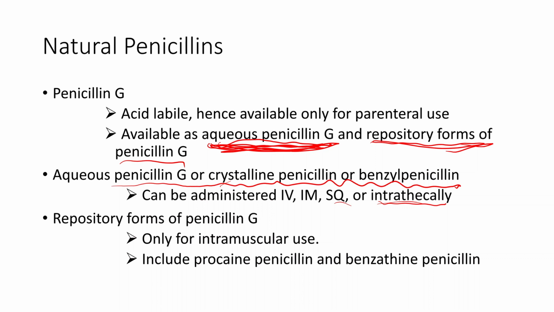The repository forms of penicillin G include benzathine penicillin and procaine penicillin. Procaine penicillin, that is procaine plus penicillin, has a longer half-life. Benzathine penicillin has a very long half-life. But remember, only intramuscular. You never give them intravenous because they are not absorbed. They are not soluble.